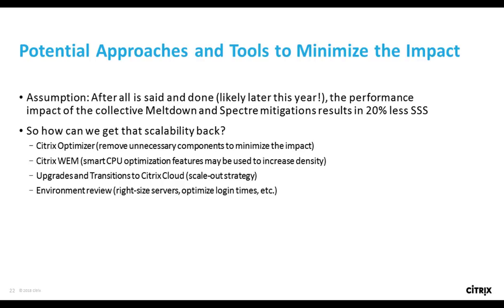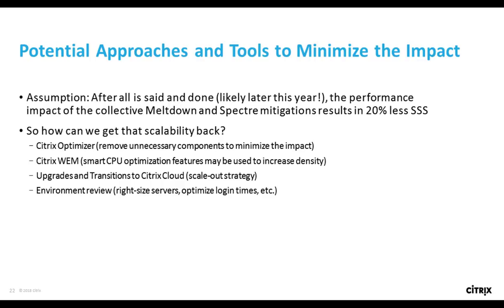So the first approach that I would like to talk about is simply using Citrix Optimizer, which is an officially supported tool from Citrix that removes all the unnecessary components in a client or server operating system. Therefore, it's already minimizing the impact of Meltdown and Spectre because these components are either completely removed or they are just disabled and they are not running.